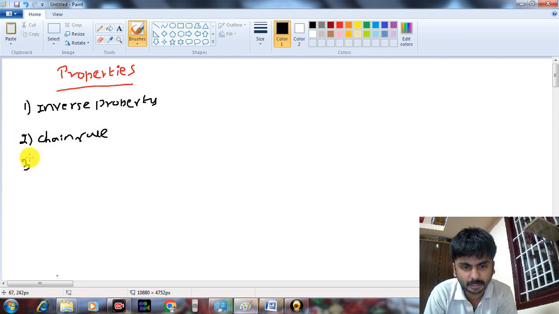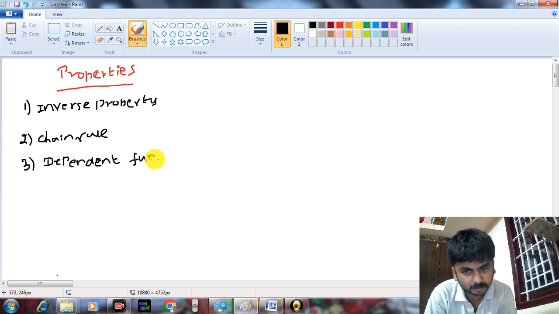And the third property is dependent functions of independent variables.